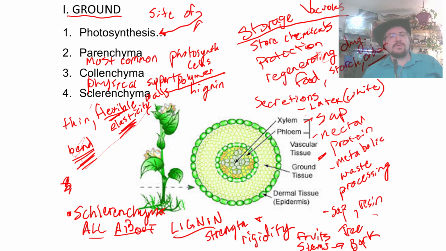Lignin also gives you the kind of gritty texture of a pear, and the stony nut or shell in cherry pits. So if you've ever tried to eat a cherry with its seed in, you'll very quickly hit the cherry stone, the wall that surrounds the cherry seed.